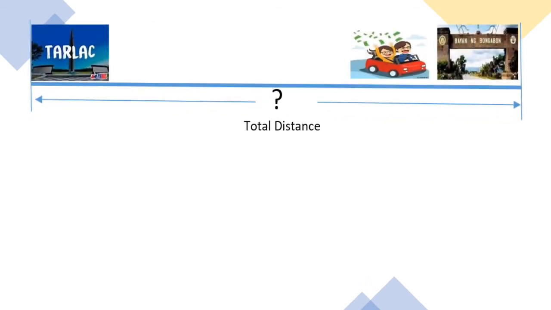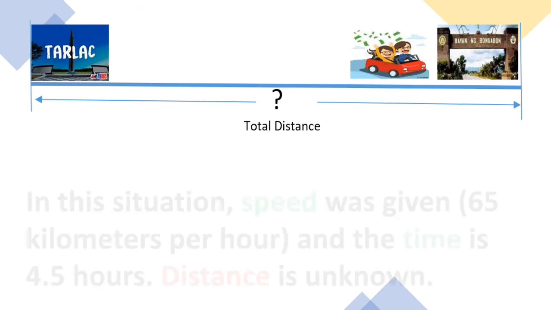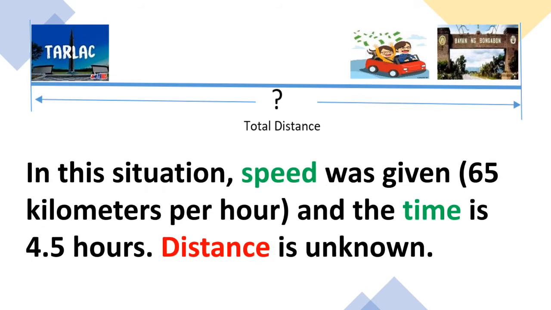In this problem, we are looking for the total distance. Speed was given, which is 65 kilometers per hour, and the time is 4.5 hours, and the distance is unknown. So we are going to look for the total distance of the travel.